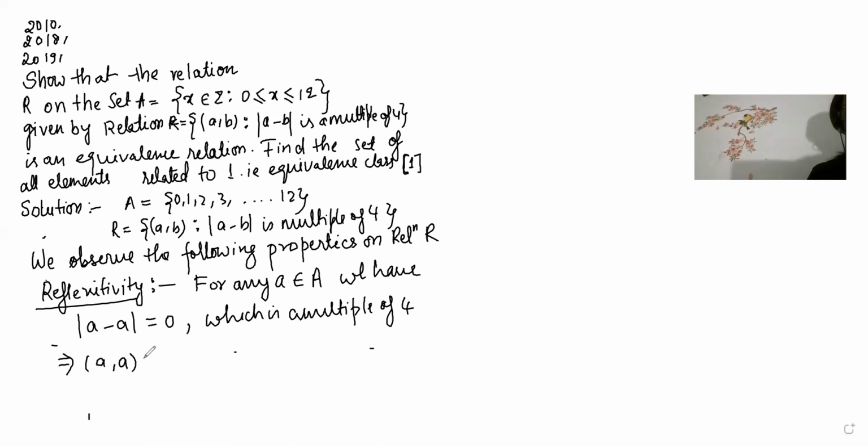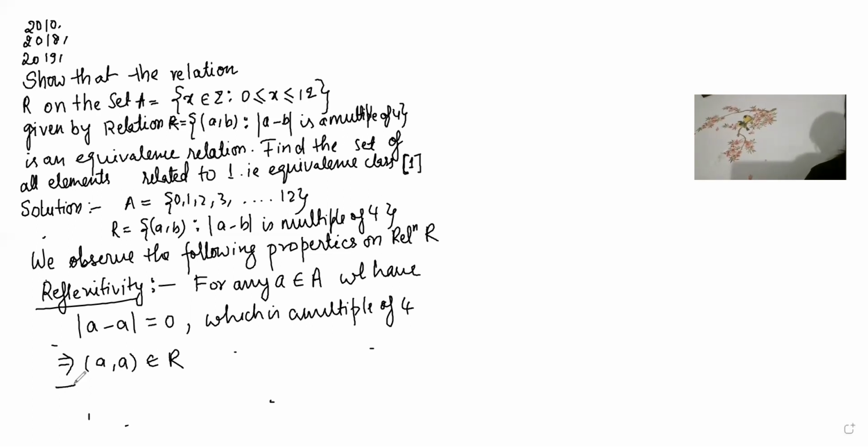Here (a, a) satisfies the relation condition, and the relation is telling that whatever number comes after subtracting must be a multiple of 4. Since 0 can be a multiple of any number, 0 has satisfied the condition. So that's why (a, a) belongs to R.